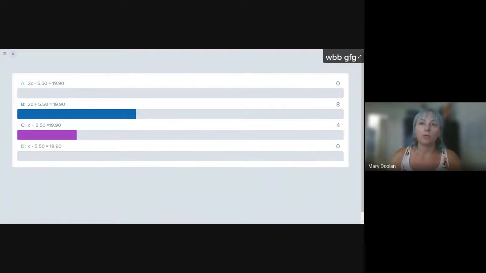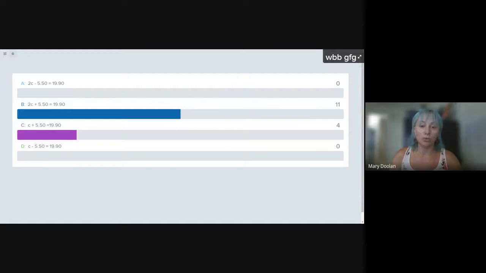So really the only difference between B and C is the coefficient of 2 in front of the variable C for the first choice, that's blue. And then some of you are saying maybe it's just one copy of C. So you have to think back, what does C represent? C is the variable that is the cost of a ticket. How many tickets are they buying?